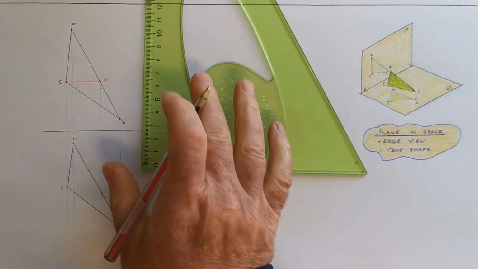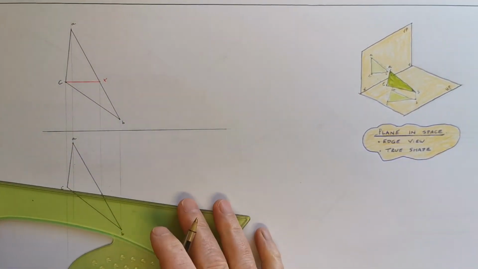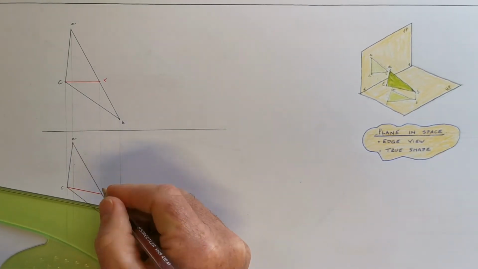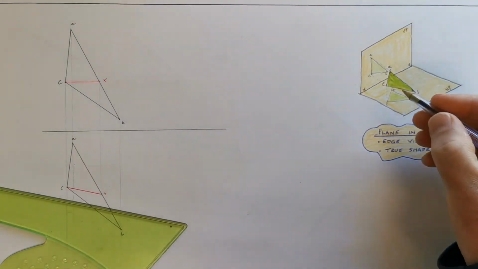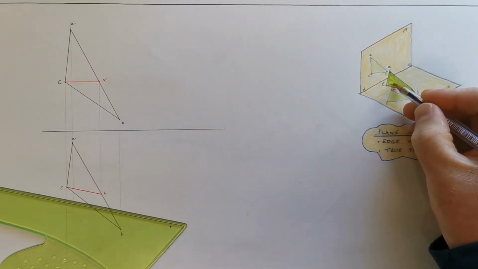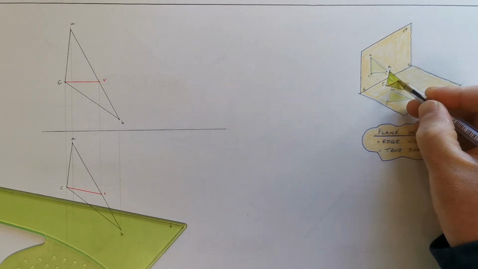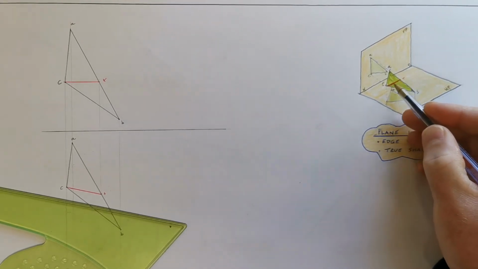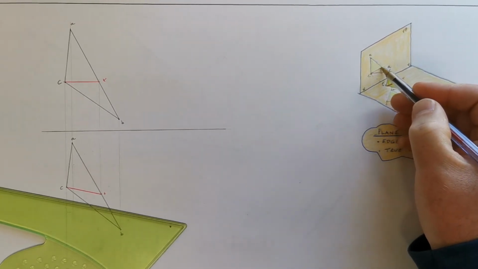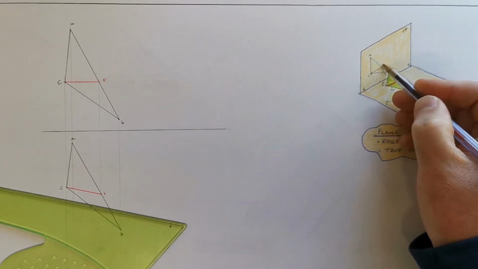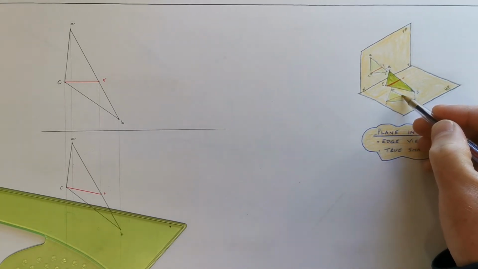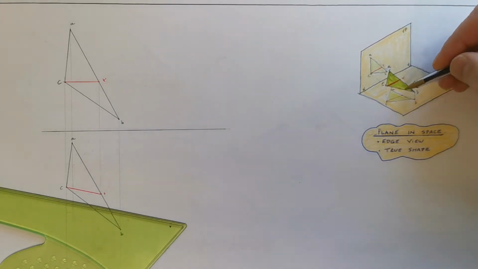There's X. I'm going to join that back to C. Now that line that I took there, CX, is a horizontal line on a plane that's just suspended in the air.